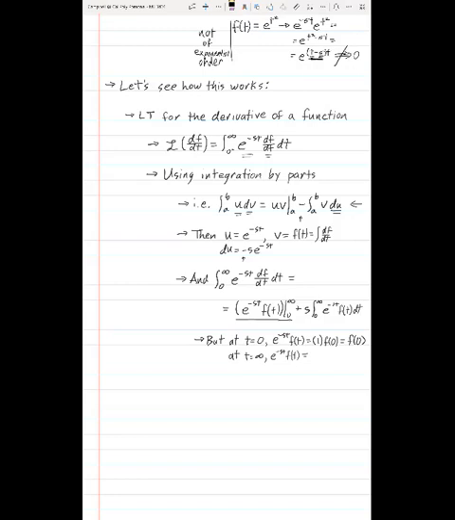Well, f at t infinity is just going to be what we would call the steady state value of this function if it ever goes to a steady state value, or it could keep growing, in which case it never reaches a steady state value. And so what does this do? I mean, this just seems kind of impossible to deal with.